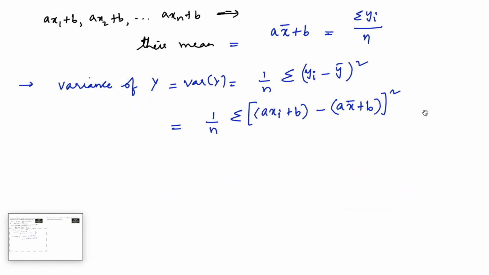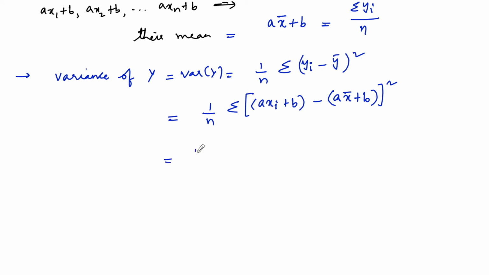So on simplifying we can write 1 upon n times, we can remove the brackets and write summation of axi plus b minus a x bar minus b, the whole square.